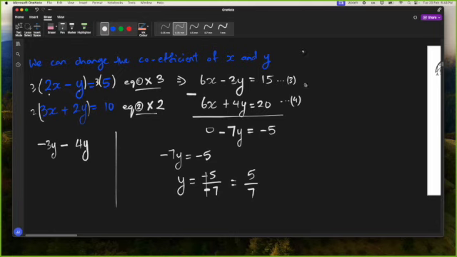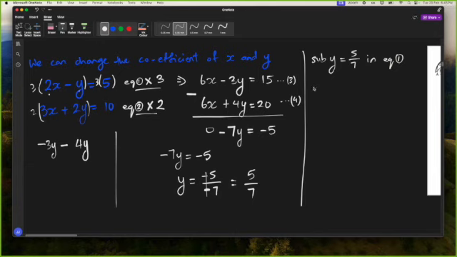And so now, let me sub y equal to 5 on 7 into any one of the equations. Let me see which equation might work out best. Oh gosh, all of them look like they're going to be stressful with these fractions. 5 on 7, nothing I can cancel. You know what, let me go with equation 1.